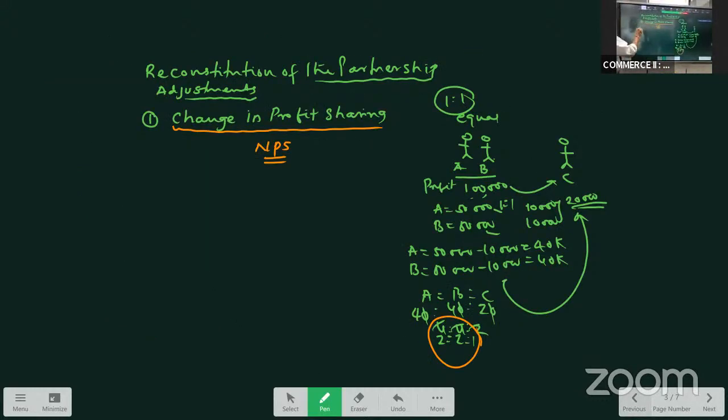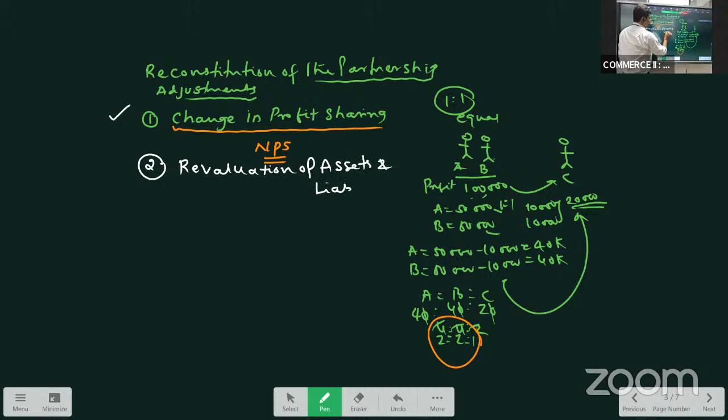If we talk about the reconstitution of partnership, first thing what we learned was change in profit sharing ratio. We did two problems on that: how to calculate new profit sharing ratio. What is the second thing we learned? We have learned revaluation of assets and liabilities.